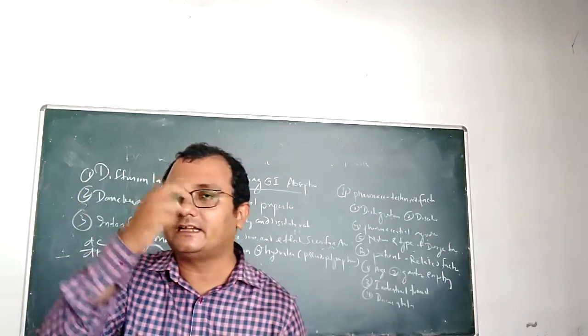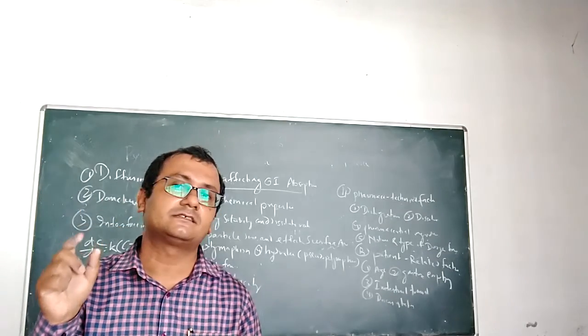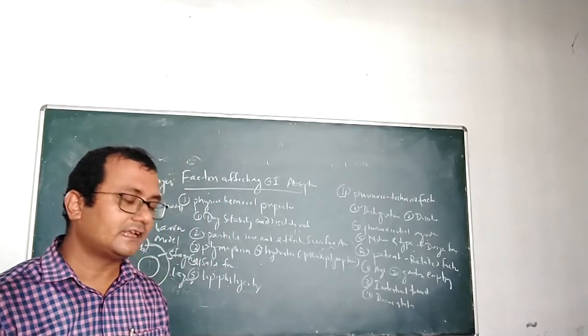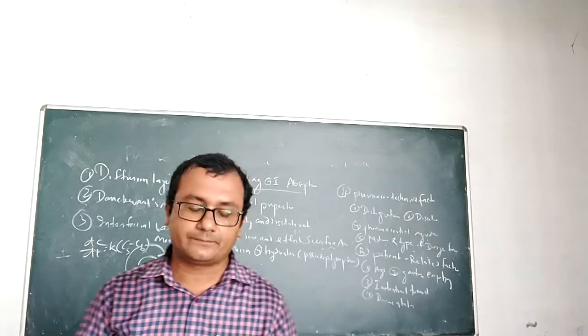If you use oil-type vehicles, then definitely they will have dissolution-retarding properties, and the dissolution will be slower. If you use vegetable oils, for example, it will affect the dissolution.